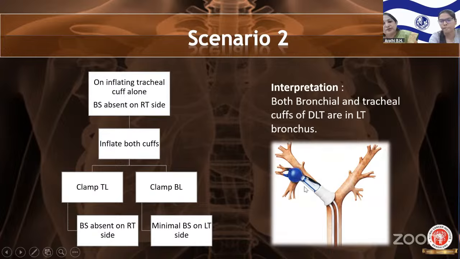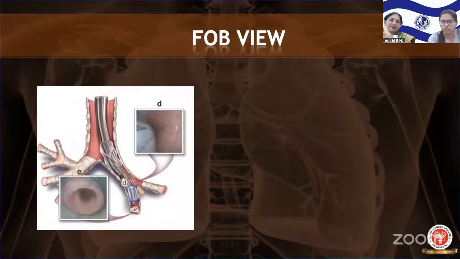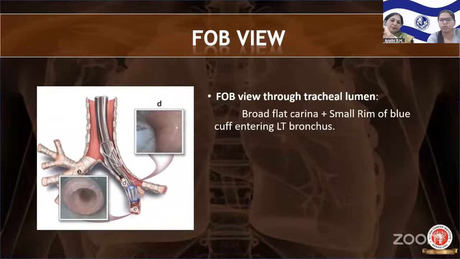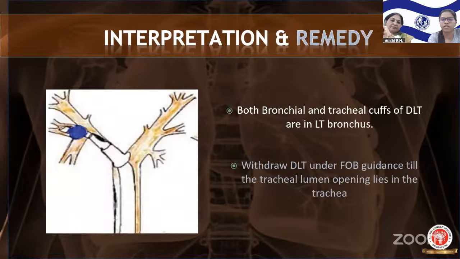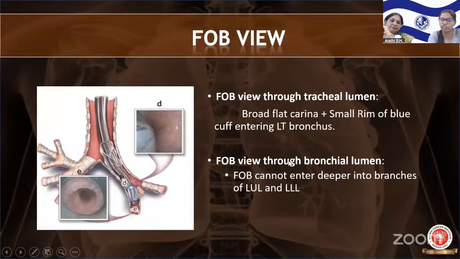So both have gone to one side. That is why there is no air entry on the right side, which conventionally should have been present when we use it like a single lumen tube with the tracheal cuff. So what is your fiber optic view? The fiber optic view through the tracheal lumen shows a flat carina along with a small rim entering the left bronchus so deeply, and the bronchoscope through the bronchial lumen is not going further into the branches of the left upper lobe and lower lobe.